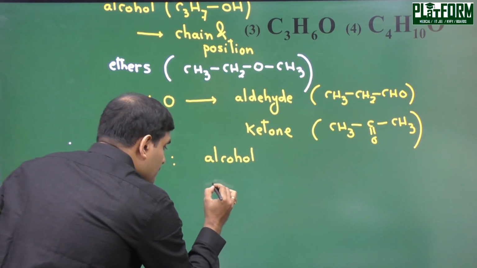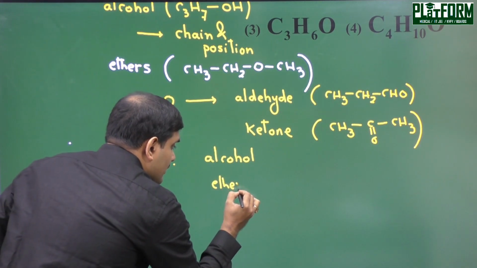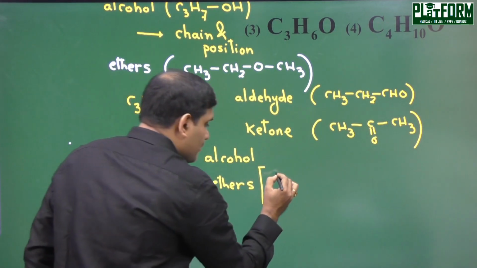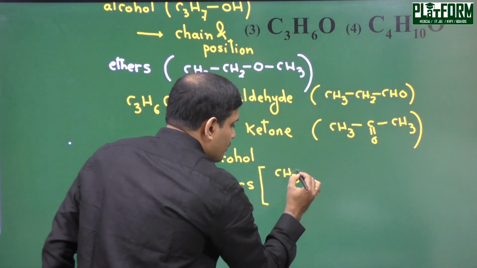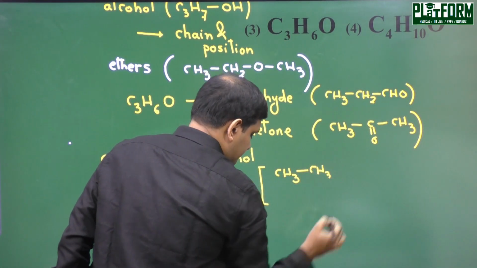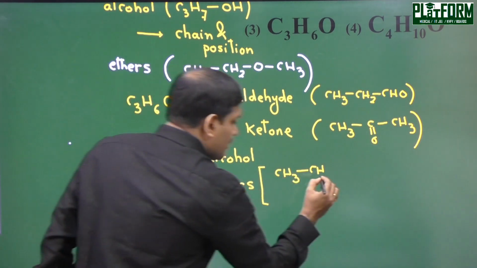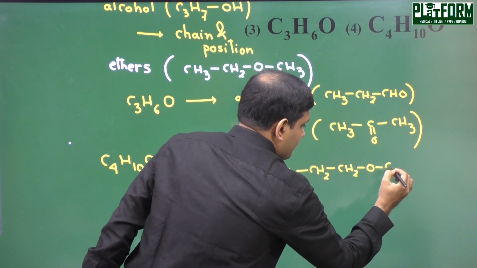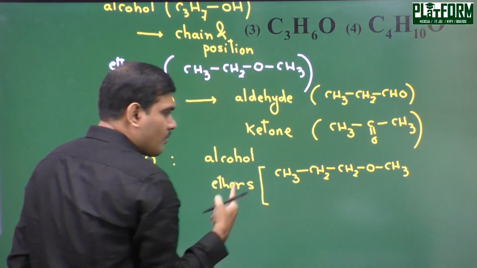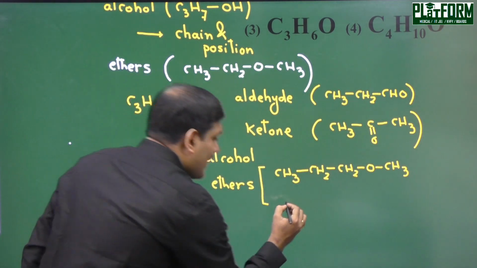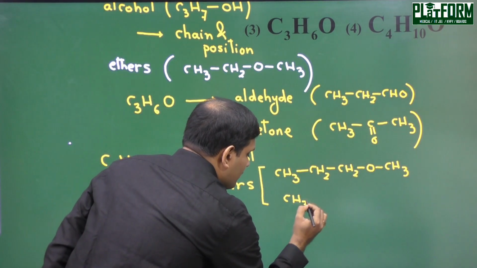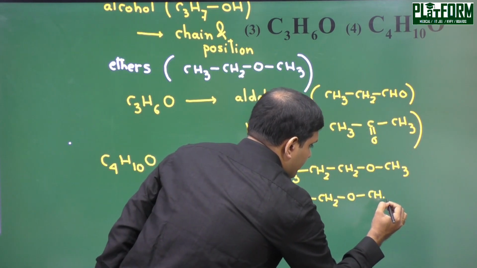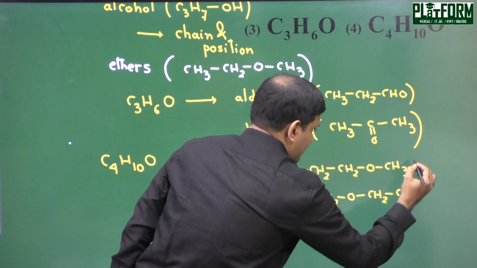Now it can also produce ethers, and ethers can produce metamers. In this case we have 4 carbon atoms, so you can have 3 carbon atoms on one side of the polyvalent oxygen. It is definitely 1-methoxypropane, and you can also distribute the carbon atoms in a different way with respect to the oxygen atom, that is ethoxyethane.